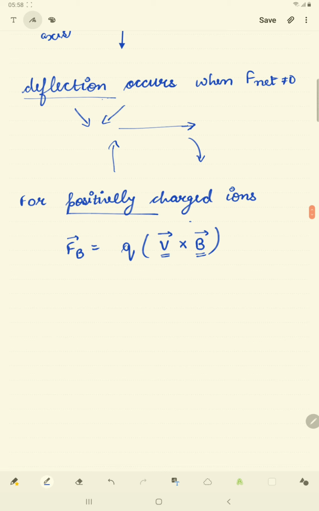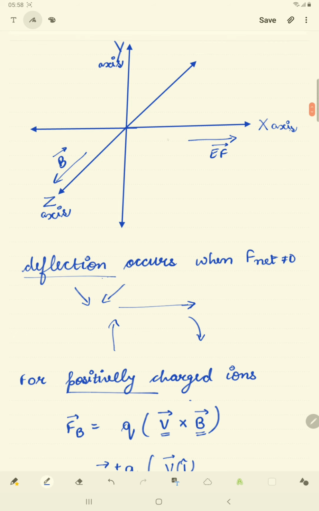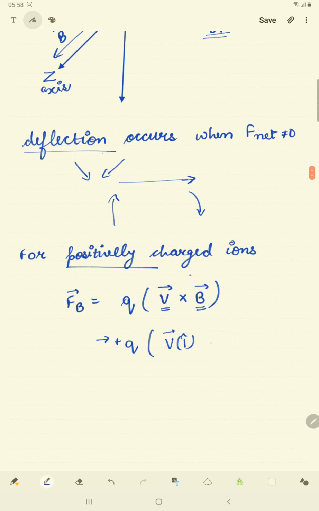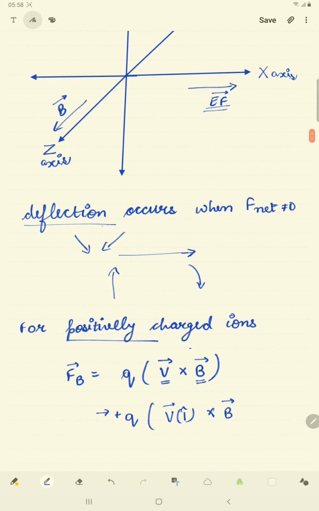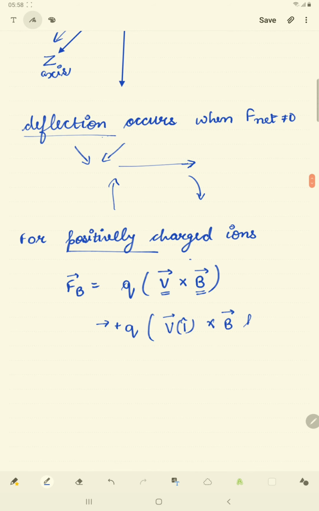Q is positive, and V is in direction of i cap, because the positively charged particle will move in the direction of electric field. Since the electric field points in positive x direction, we have positive i cap cross B, and the magnetic field is along z axis, so we get it as k cap.